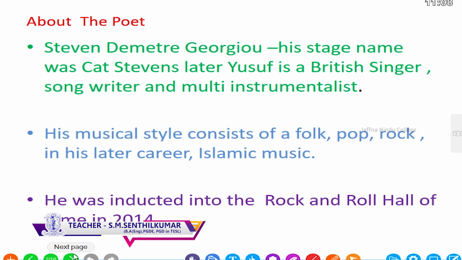His stage name was Cat Stevens. Later he became known as Yusuf Islam. He is a British singer, songwriter and multi-instrumentalist. His musical style consists of folk, pop, rock.